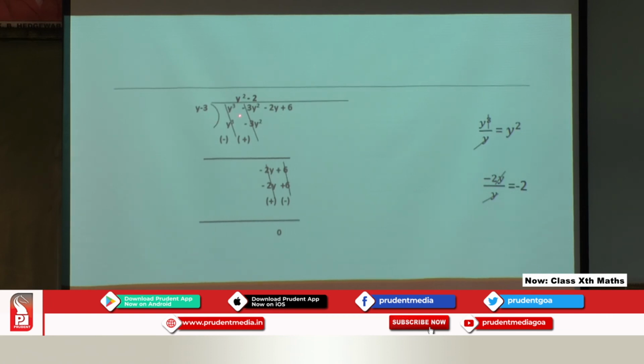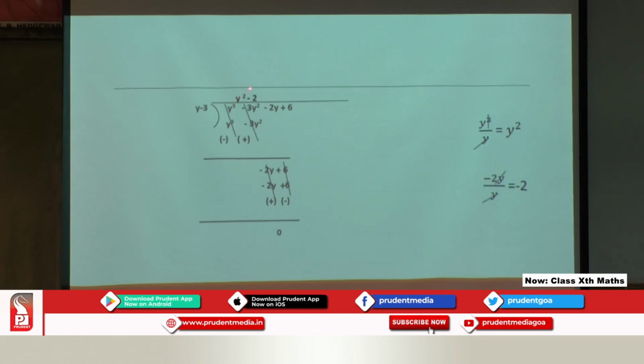The first step is, the highest power term of the dividend is y cube, I divide it by the first term of the divisor, that is y. So, here y and y cancel, we got y square, and this y square is the first term of the quotient.